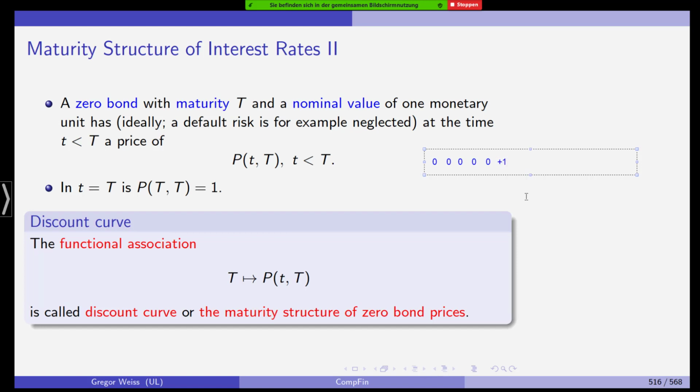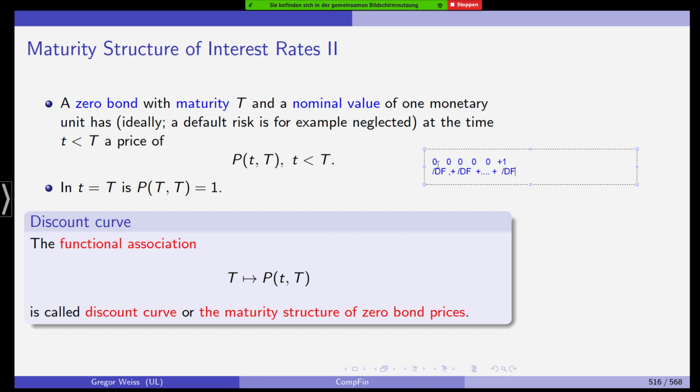So what is the price of this zero bond? Well, it's 0 divided by a discount factor, plus 0, again divided by a discount factor, plus, and so on, +1 divided by a discount factor. If we have 1 divided by the discount factor, actually the price is the discount factor.